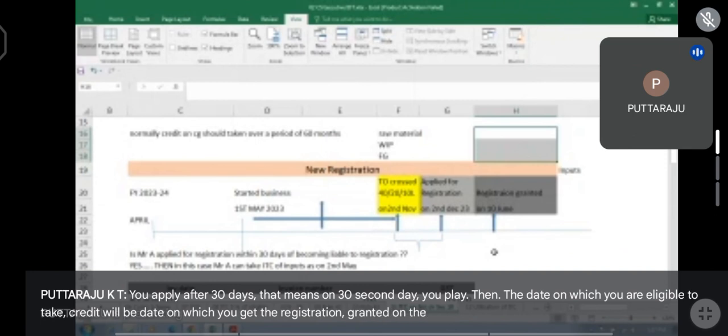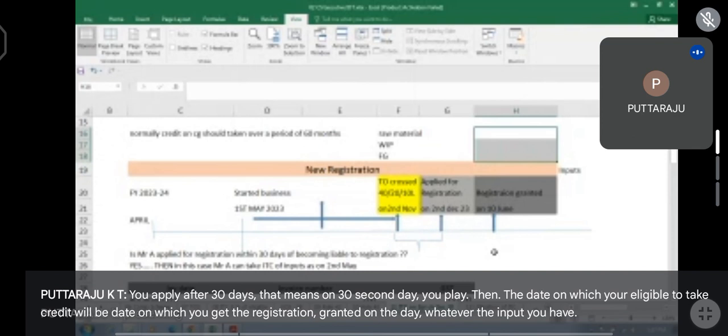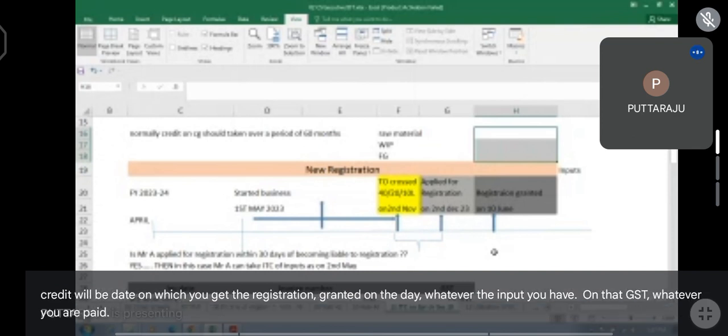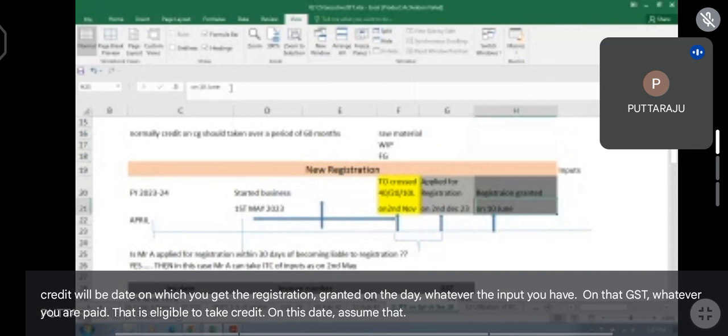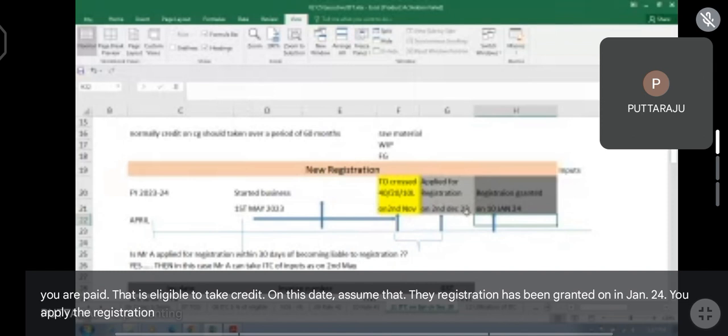On that day, whatever the input GST you have paid, that is eligible to take credit on this date. Assume that the registration has been granted on 10th Jan 24. You apply for the registration after 30 days.